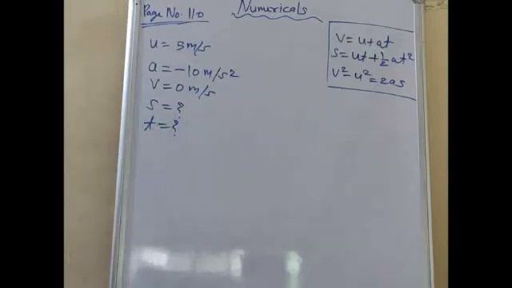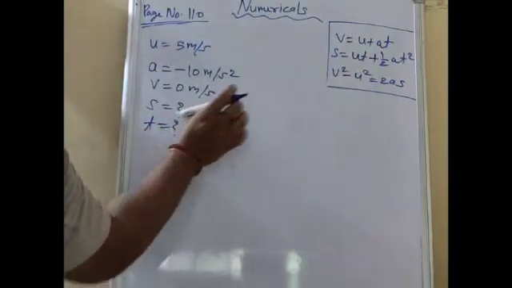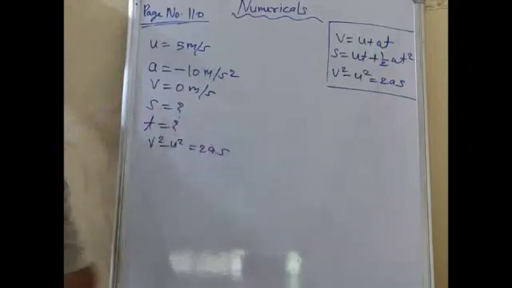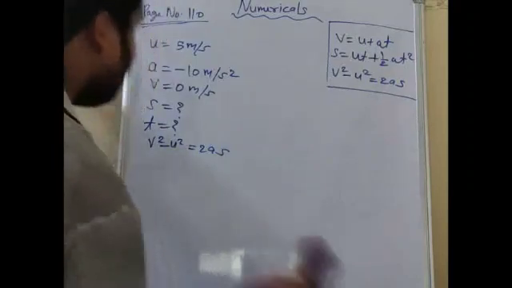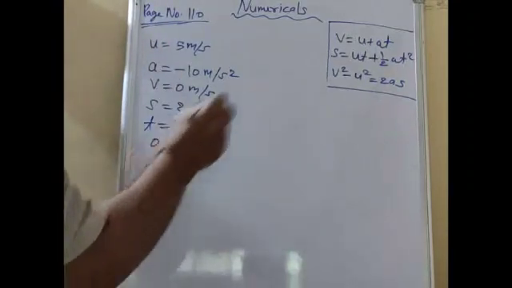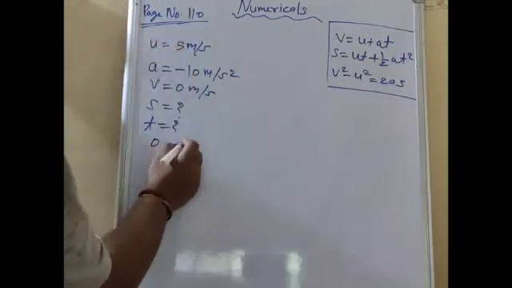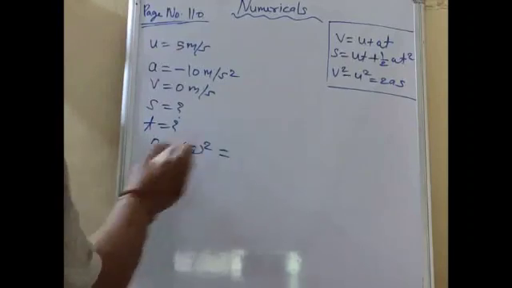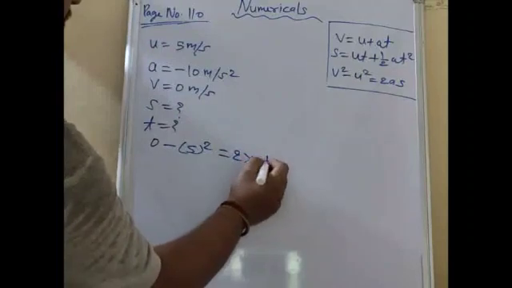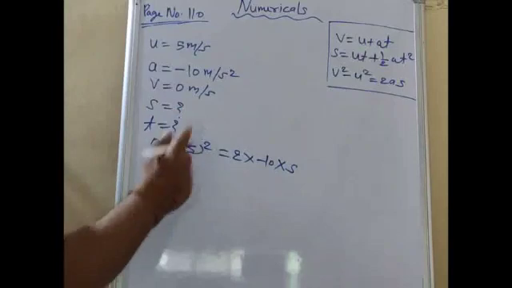First of all, you do not have t, so you have to use the third formula. What is the third formula? v square minus u square is equal to 2as. So just put the values. v is 0, and then minus u square. u is 5. So 0 minus 5 square equal to 2as. 2 into a is minus 10, and s you have to find. 5 square is 25.